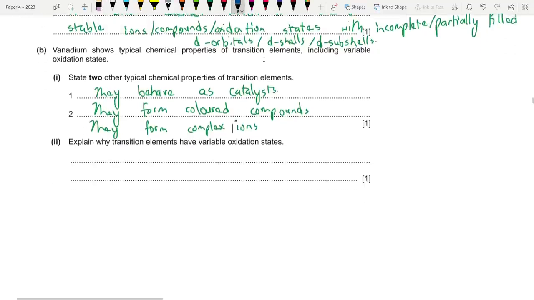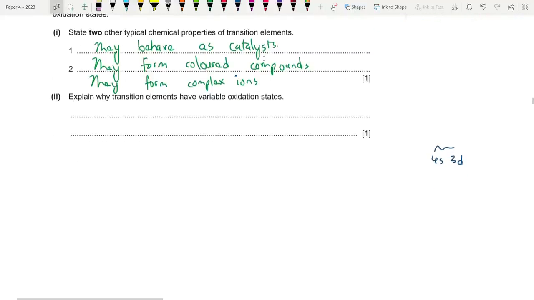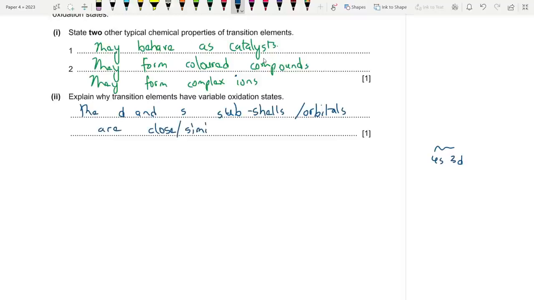Now, explain why transition elements have variable oxidation states. This is a very important question because it's repetitive. Basically, remember the 4s orbital and 3d orbital, they have really close energy levels, so they kind of overlap. So the d and s subshells or orbitals are close or similar in energy.